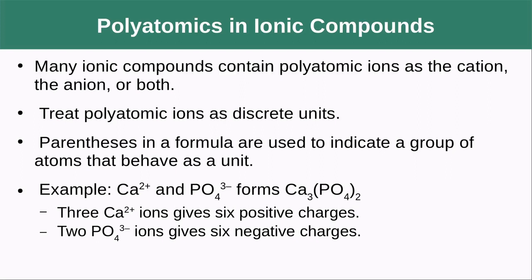Our example here, we have calcium phosphate. Calcium is a +2. We're going to need 3 of those in order to give us a +6. We're going to counterbalance that with 2 phosphate polyatomics to give us a -6 so that we get our neutral species. And we're going to put these parentheses around the phosphates to indicate that those are all working together as one unit.